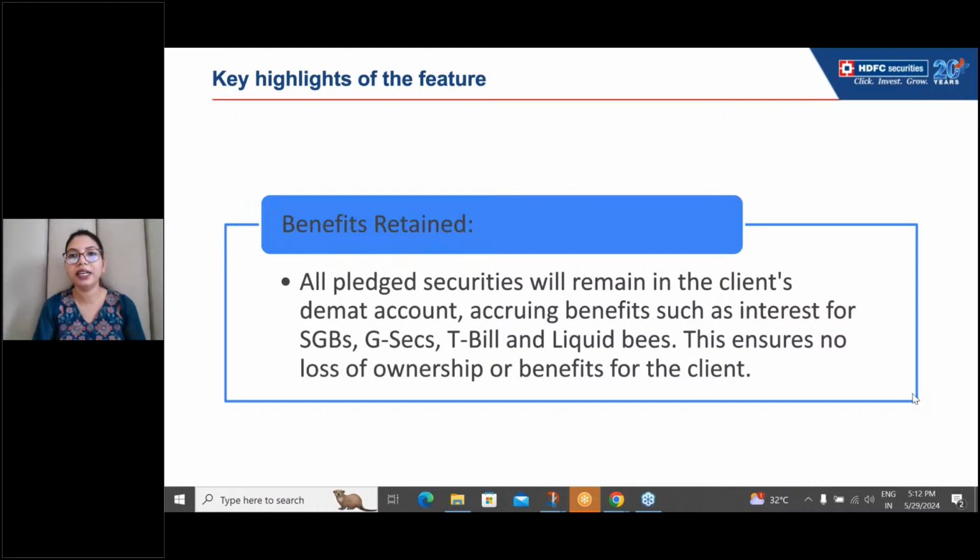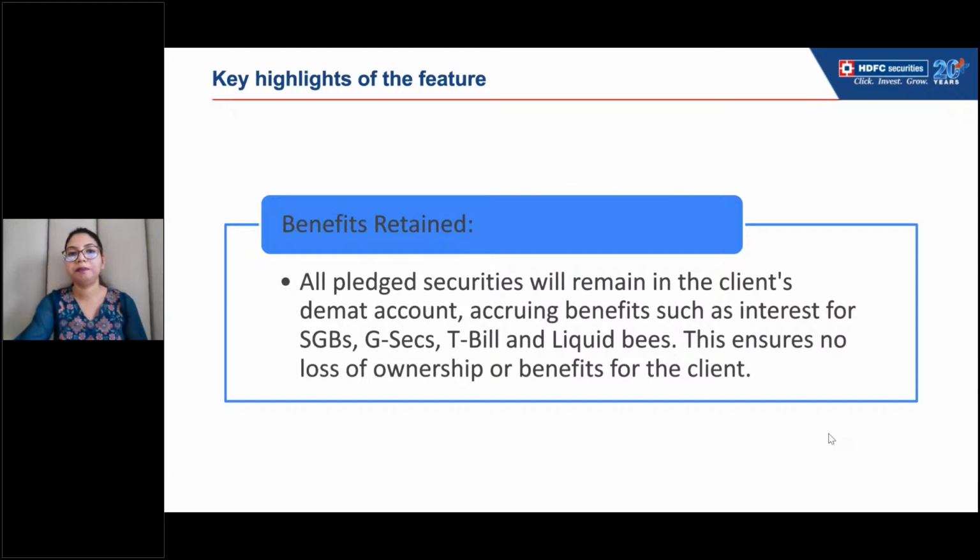You're going to get the interest, whatever interest you're getting on government securities, sovereign gold bonds or the liquid Bs, you are going to get the interest, okay? So all the benefits remain with you, but you're going to get the margin benefit through all of this, once you pledge them. All right.